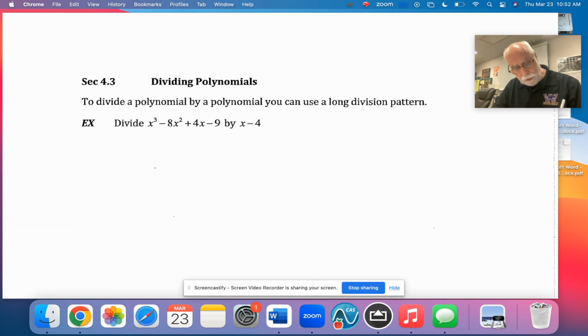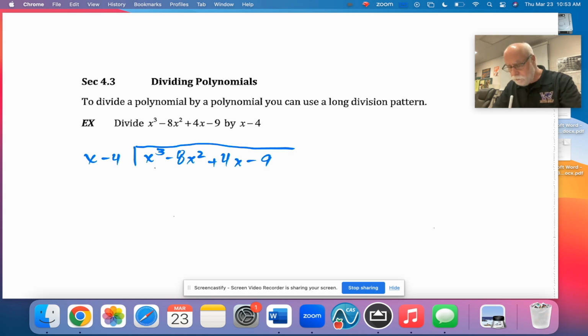We're going to make our little box that we used to do, and put x cubed minus 8x squared plus 4x minus 9 down below. Then, it's being divided by x minus 4, so we're going to put that on the outside.